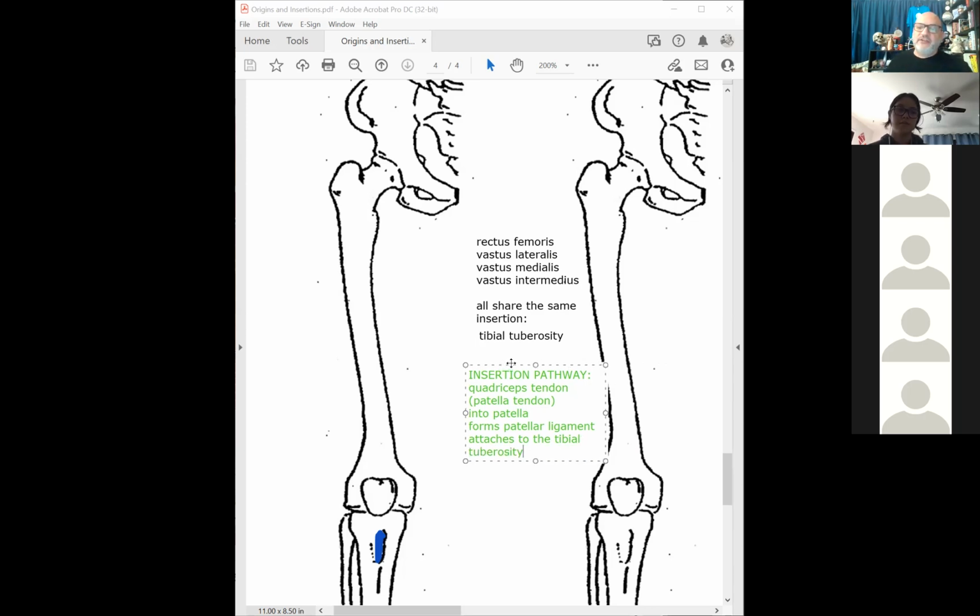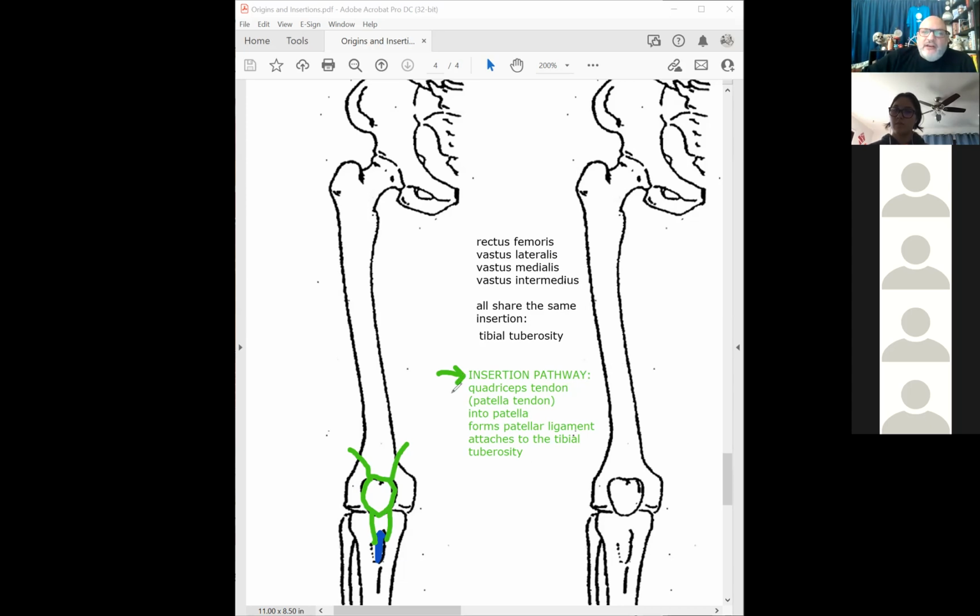But if I ask you for the insertion pathway and you just give me tibial tuberosity, that will be wrong. Again, just give me the information that I'm asking for. So notice we have the quadriceps tendon that comes into the patella ligament into the tibial tuberosity. So it's a little bit more elaborate, but the good news is this is the only insertion pathway I'm going to ask you for.